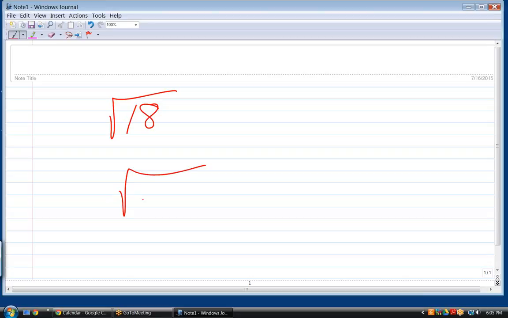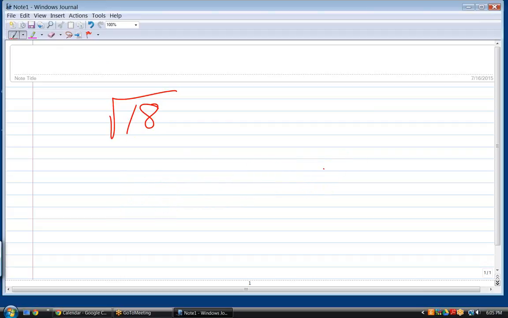If I have the square root of a times b, then that is the same as the square root of a times the square root of b. So the secret to doing 18 is to factor it into two numbers, one of which is a perfect square.